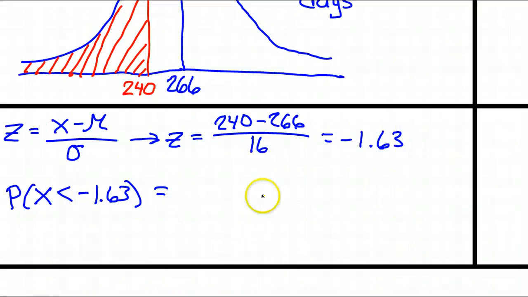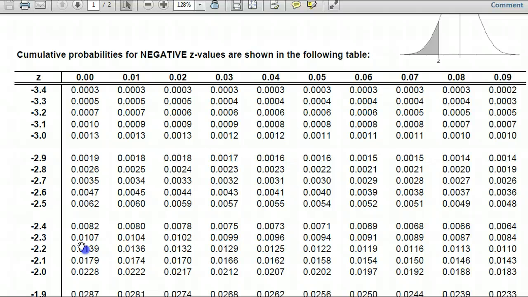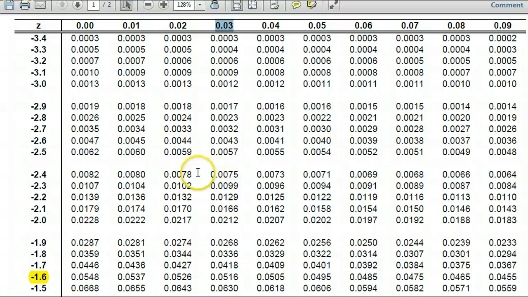The last digit, the 3 of negative 1.63, tells me which column to look at. So I'm going to look in the 0.3 column. If I go to negative 1.6 and then over to the column that has the 0.3 in it, then this is the value that we are talking about.